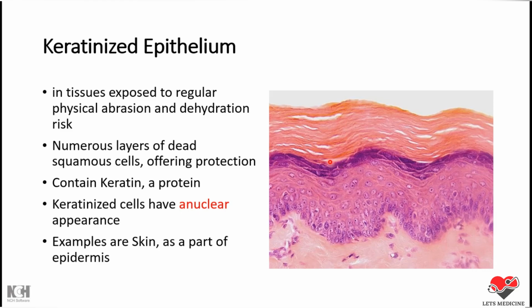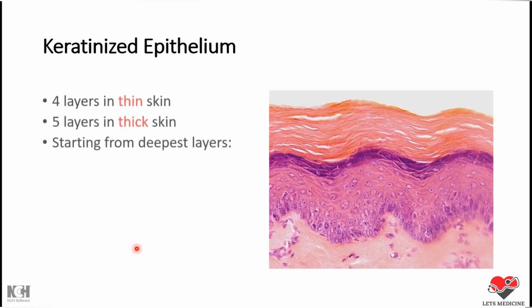An example of keratinized epithelium is skin. This is the best example, where it is present as a part of the epidermis. Skin is that tissue of our body which is exposed to most of the environmental stress and pressure.